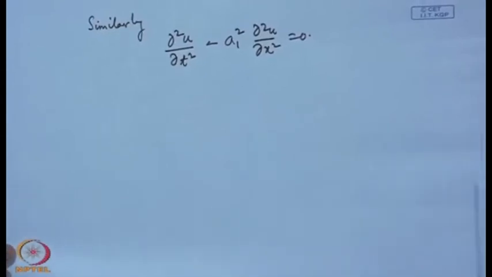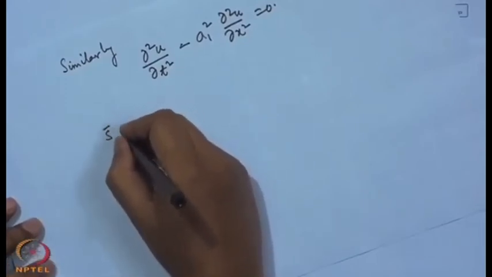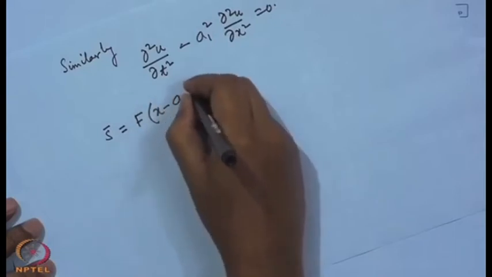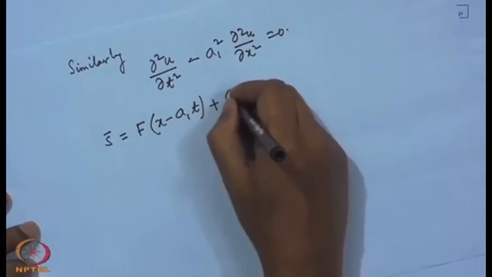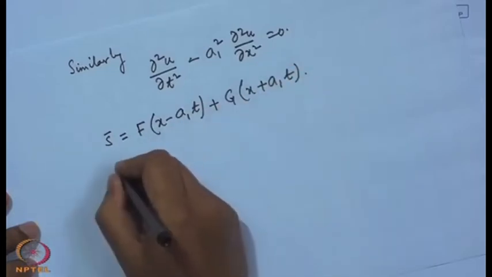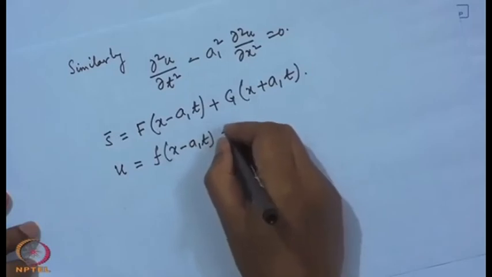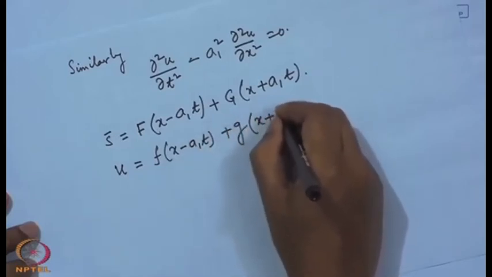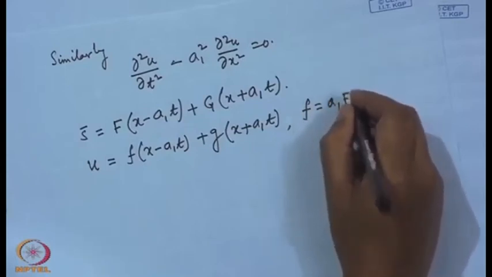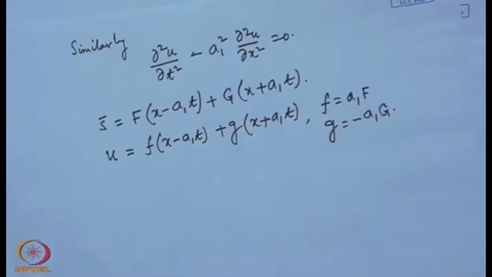Now, the general solution for these wave equations are given as x minus u 1 t plus g of x plus u 1 t and u equal to f of x minus u 1 t plus g of x plus u 1 t, where f equal to u 1 f and g equal to minus u 1 g.